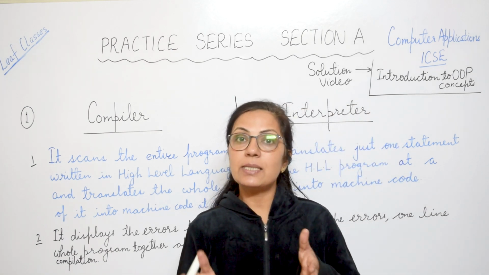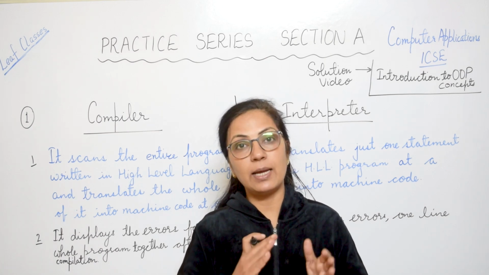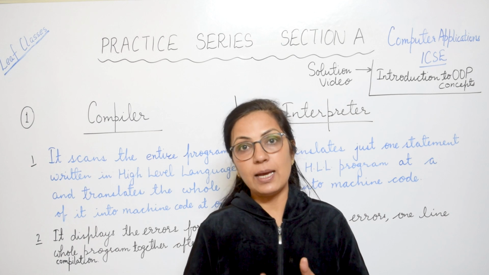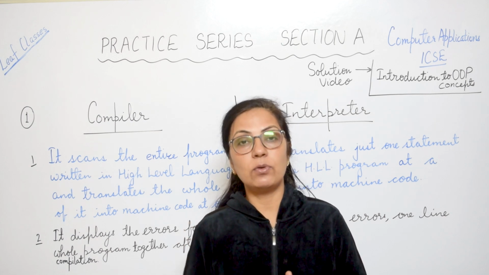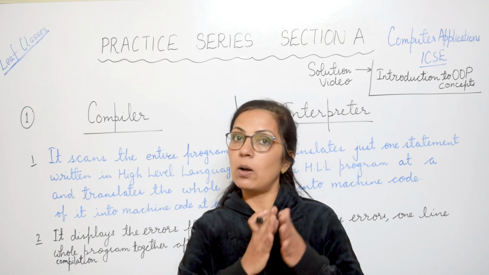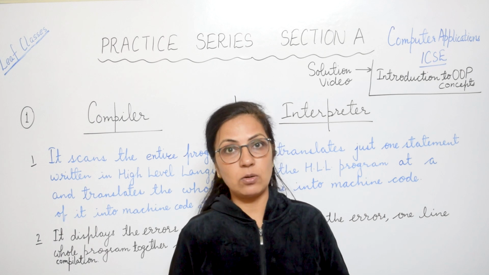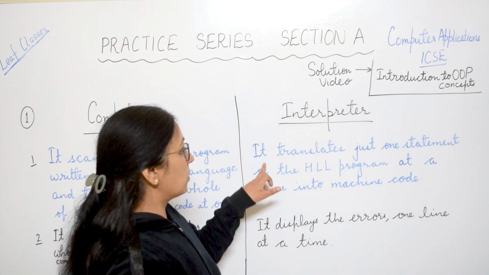It checks the entire program for errors, and if any errors are there, it will give you the error listing, and it does not go line by line. The whole program it scans and converts to machine code, or the object code.